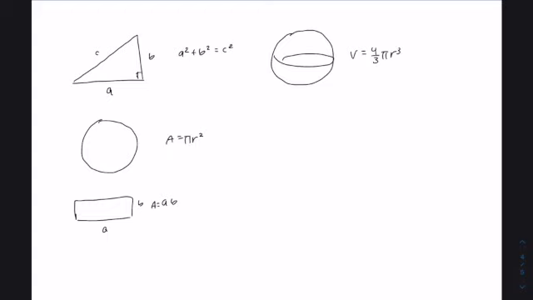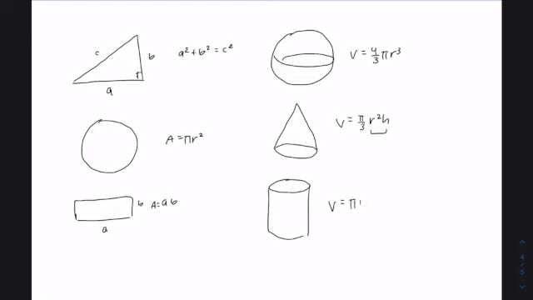You might have a cone, and so like the one we worked earlier, the volume is pi over 3 r squared h. And for a cone, you want to make it so that it's in terms of one variable. The other one you might come up with is a circular cylinder. The volume for that is just pi r squared h.